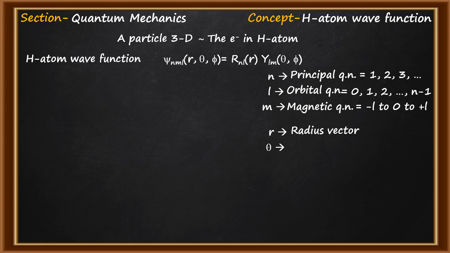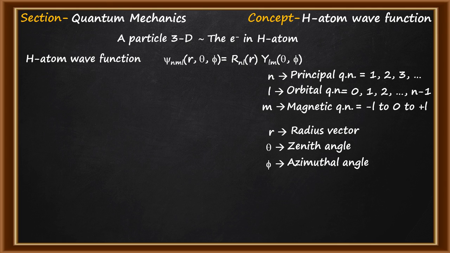Theta is the angle between the radius vector and the positive z axis, also known as the zenith angle. Phi is the angle between the projection of the radius vector in the xy plane and the positive x-axis, also known as the azimuthal angle.